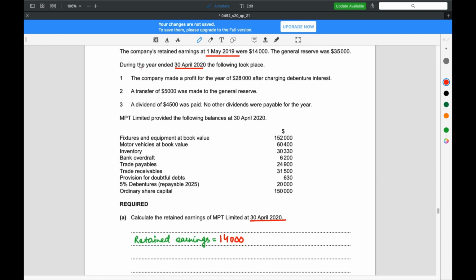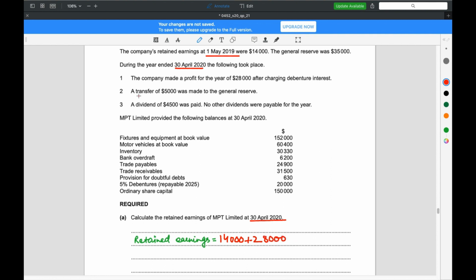And then he says during the year ended, the company made a profit of $28,000 after charging debenture interest. So the profit of the year is added into the retained earnings account. You should know that. So we're just going to add the profit for the year, adding $28,000.